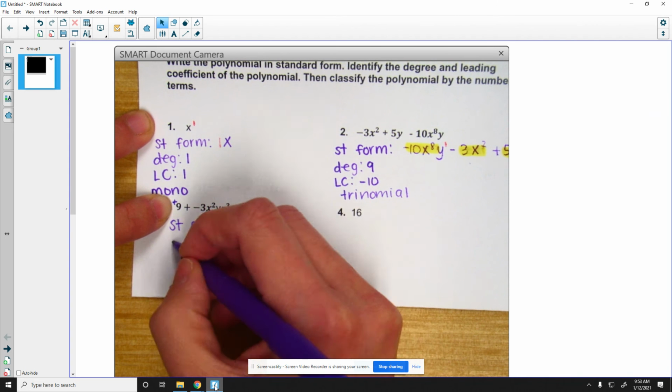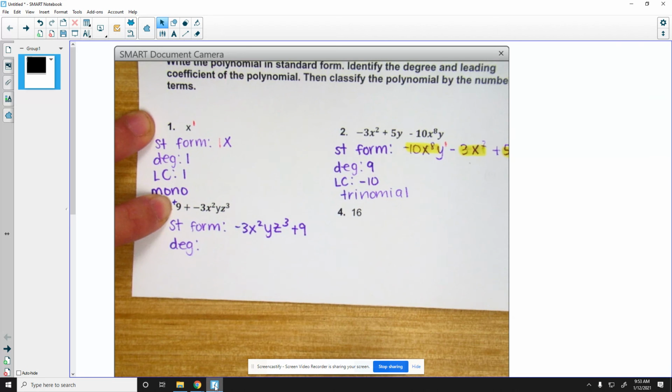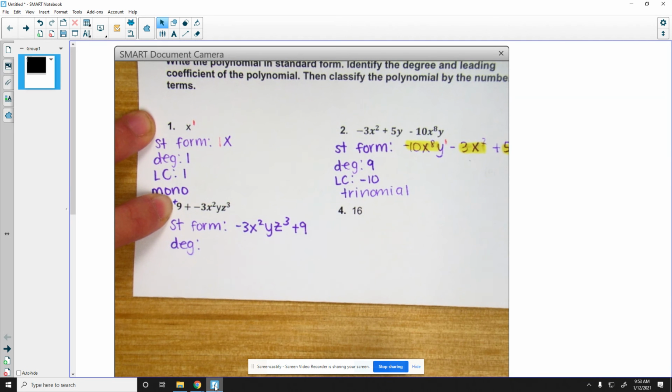Okay, thank you, Luke. Someone different, the degree. Can someone different online shout it out? What is the number of the degree? 6 is correct, Amundo.